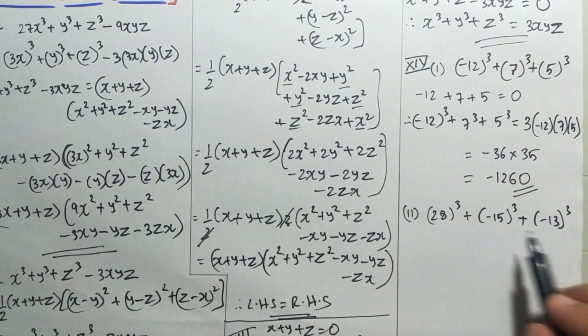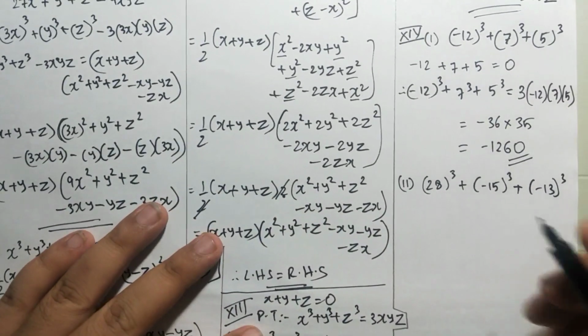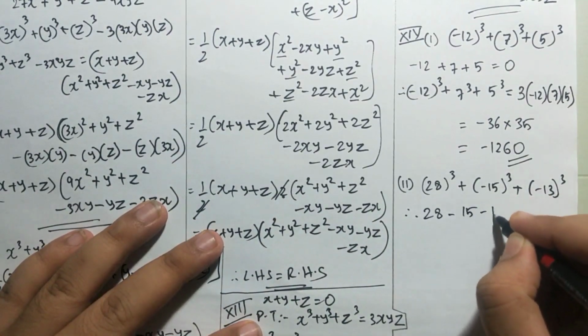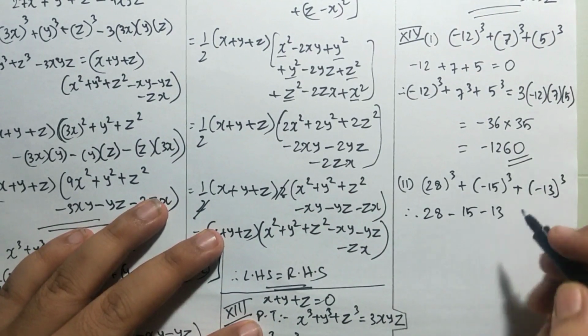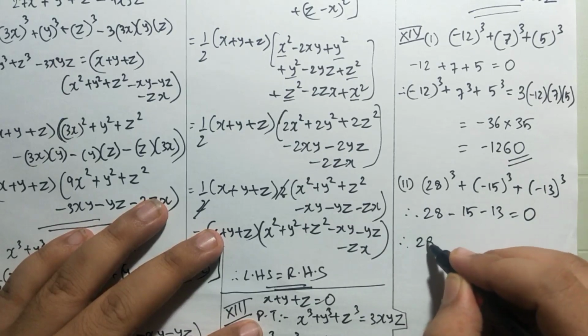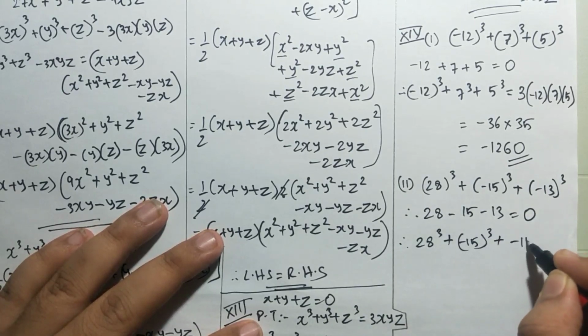Again, the cube of 3 numbers are given and you can see that if you add all these 3 numbers, the sum would be 0. Therefore, 28 minus 15 minus 13, both are negative, so I am writing 13. So this is 0.